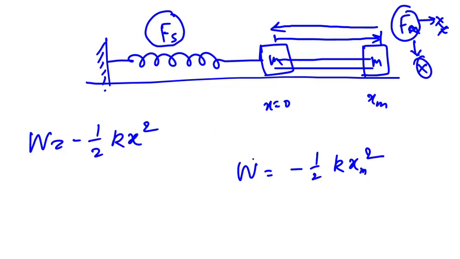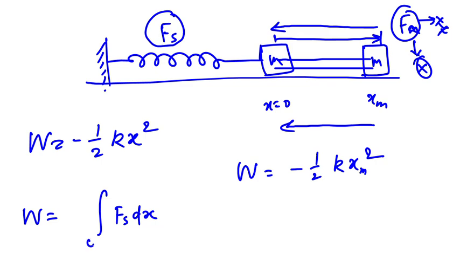In this particular scenario, look what is happening. In this particular scenario, this displacement is going to be from xm to x0. Okay. So if we are going to get this work done, let's say Fs dx, and in the first case it is 0 to xm, and in the second case it is xm to 0.